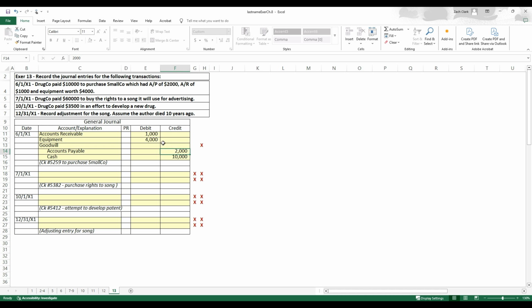Remember our basic accounting equation: assets equal liabilities plus equity, or another way to say it is assets minus liabilities equal equity. So 5,000 minus 2,000 would mean that we had 3,000 of equity, but we paid 10,000. So the amount over the equity that we paid is the goodwill. I think it was 7,000 then.